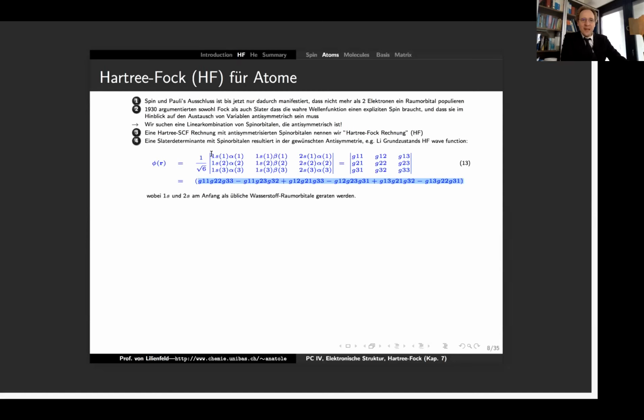And this is the same as this Slater determinant. So these terms are the product of your space function times the spin function. And so you have this for 3 electrons in 3 orbitals.